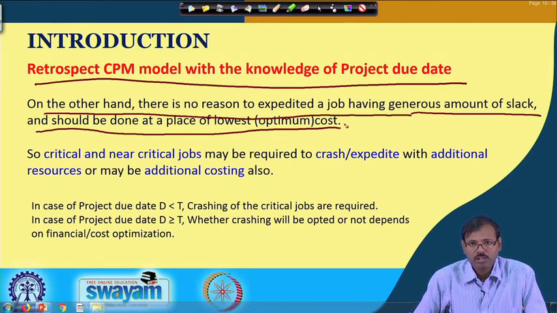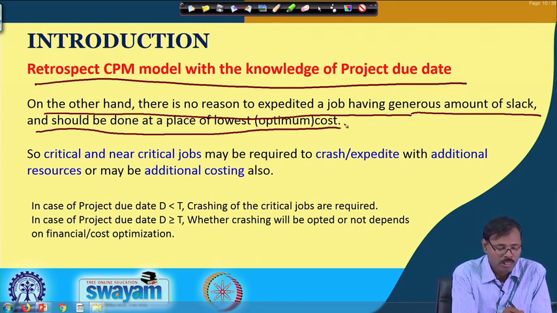Whether the project duration will be reduced or remain, and which job duration will be reduced, is a purely financial decision and must be carried out only after the financial appraisal of the project.